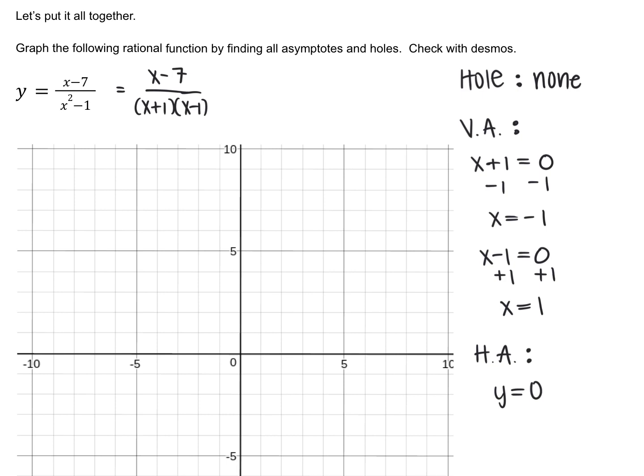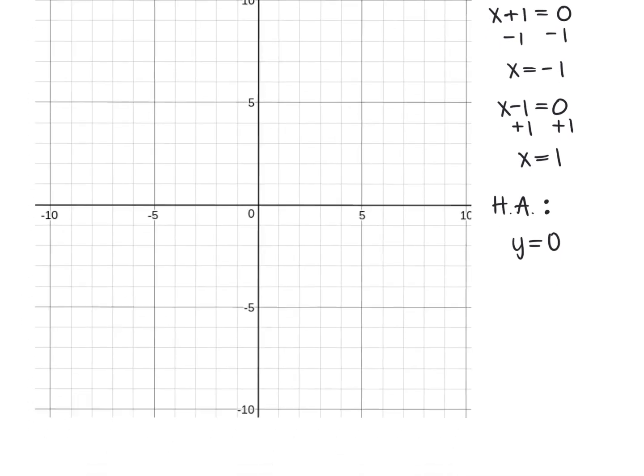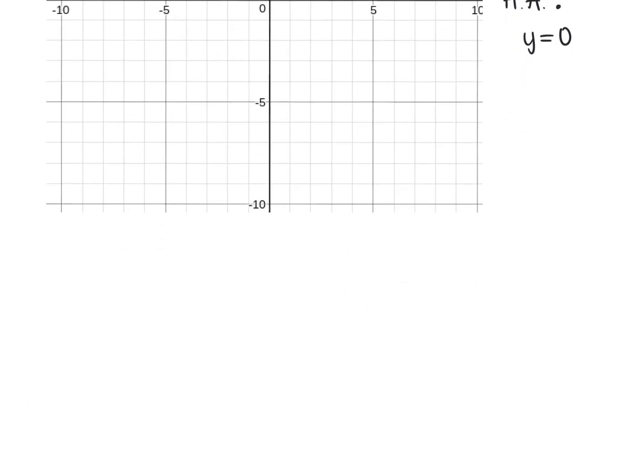The next things I want to find are my y-intercept and my x-intercept or x-intercepts, which is not something we talked about in here, but we did talk about it with quadratics, and it works the exact same way. So to find my y-intercept, we are going to plug in 0 for x.